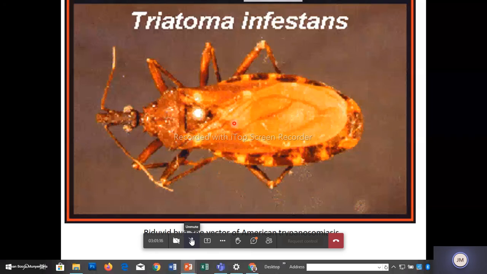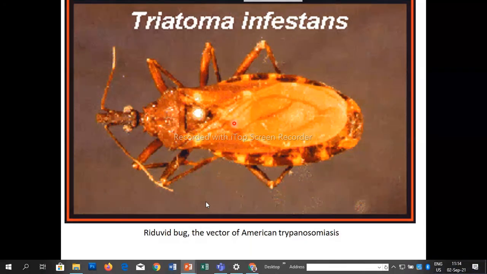The vector for Trypanosoma brucei is the tsetse fly of the genus Glossina, but here it's a kissing bug that transmits this kind of infection. The kissing bug, also known as Triatoma.